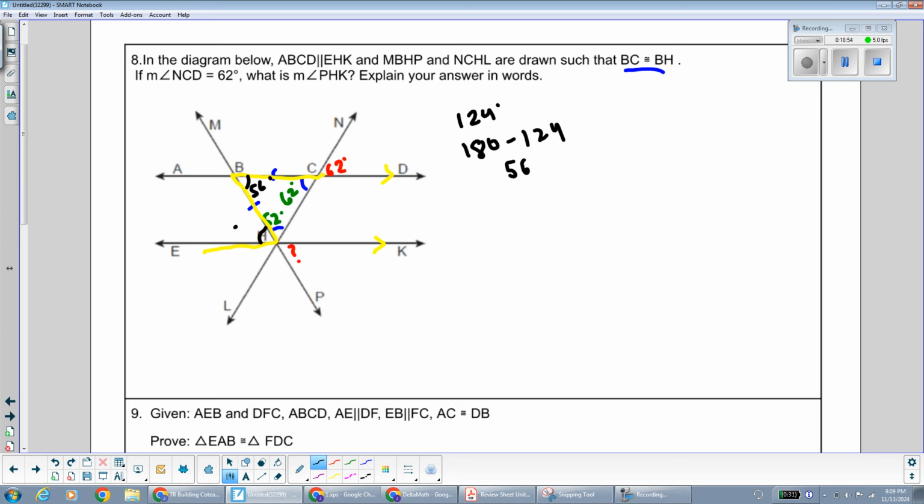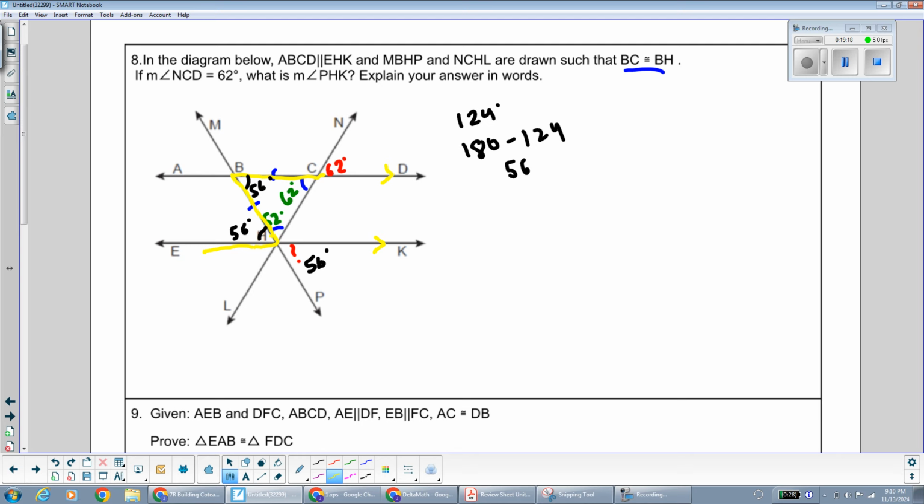So we have 56 as well. And these are vertical angles. So the angle that we're looking for is 56 degrees also.